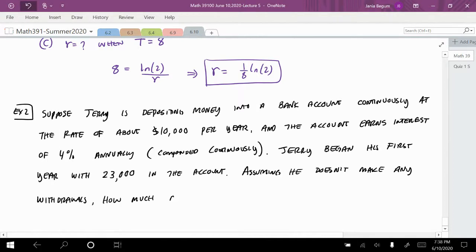How much money is in the account after 3 years?